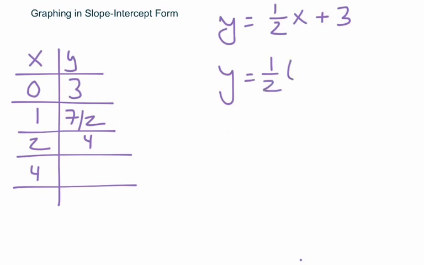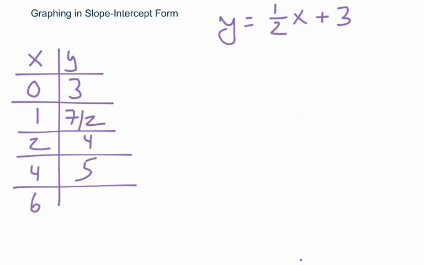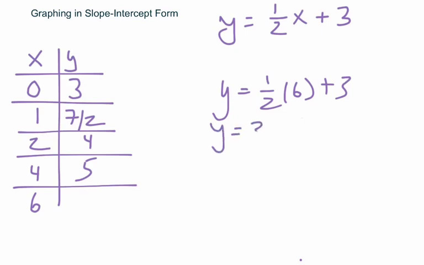So I'm going to jump up to 4. Half of 4 is 2, and 2 plus 3 is 5. And we'll do one more, the 6. Half of 6 is 3, and 3 plus 3 is 6.